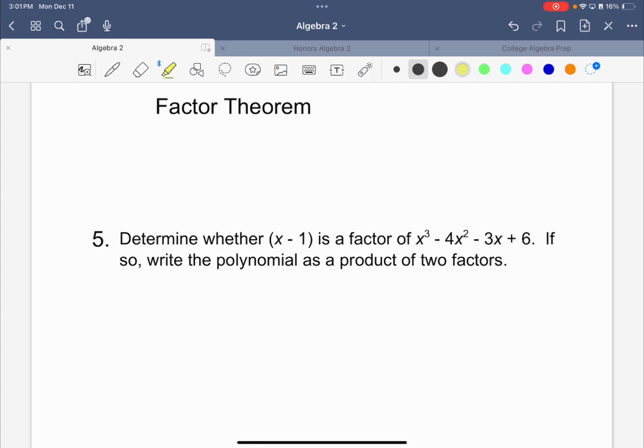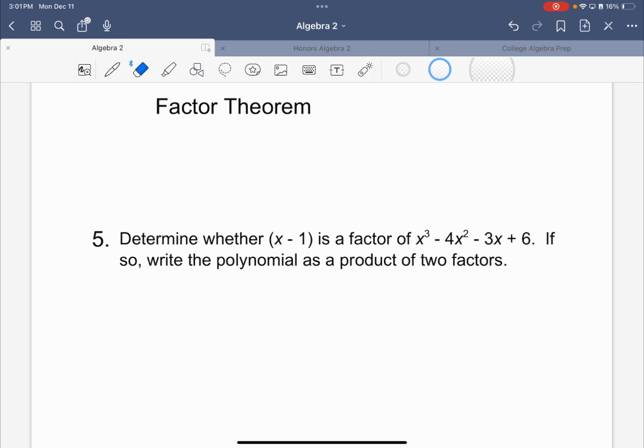The way we do that is we use what's called the factor theorem. Essentially what the factor theorem says is that, in this case, the binomial x minus 1 is going to be a factor of x cubed minus 4x squared minus 3x plus 6 if the remainder is 0.